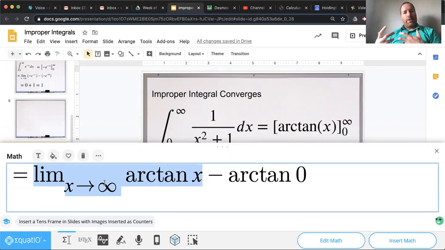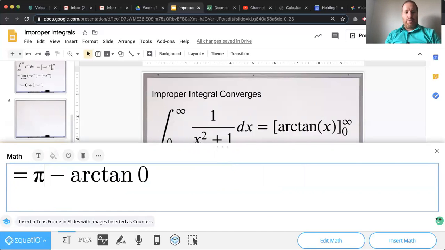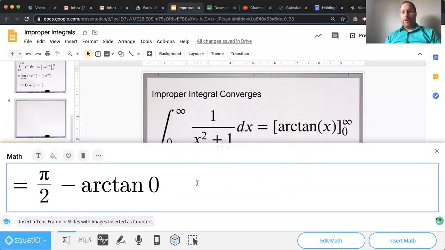That's essentially what's happening. So we're saying, what does that angle continue to get closer and closer to? That angle gets closer and closer to pi over 2 or 90 degrees, but we're in calculus always working with radians, so we'd say that's pi over 2 in that case. And then the arctangent of 0, you can check that, throw it in your calculator. This becomes 0. Nothing super exciting on that part.